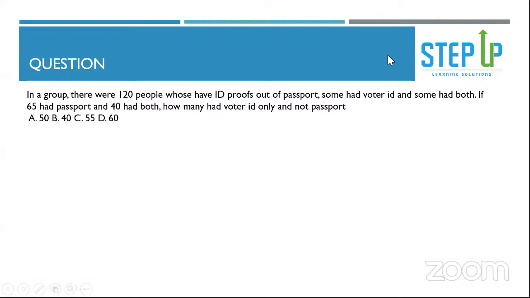Okay, so how many of you got the answers? Many of you have got the answer. Awesome. All right, so there were 120 people who have ID proof out of passport. Some have voter ID, both. I hope this is clear. 120 people in all, 65 had passport, 40 had both.